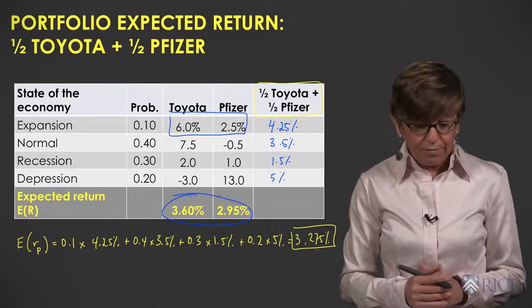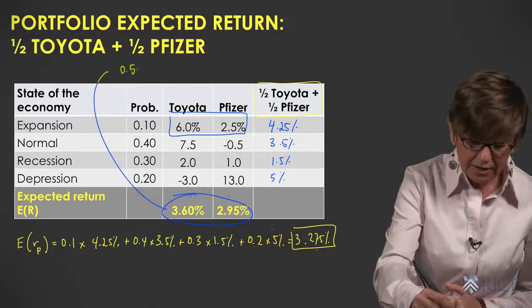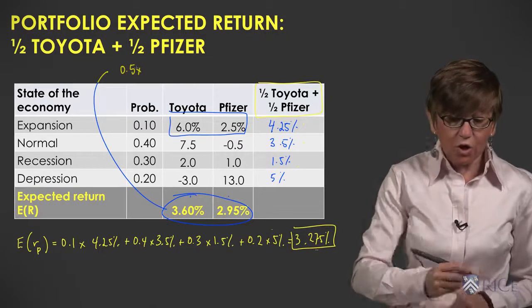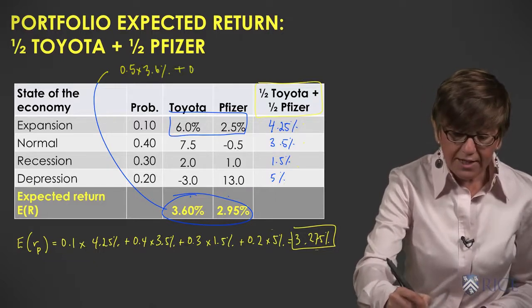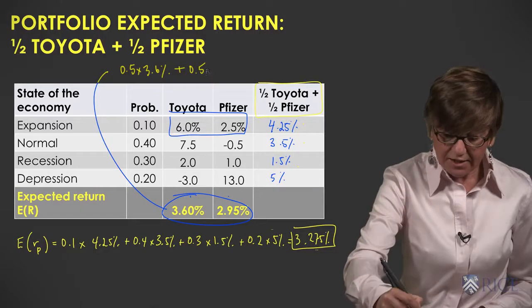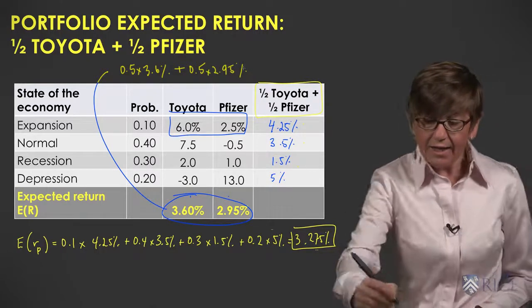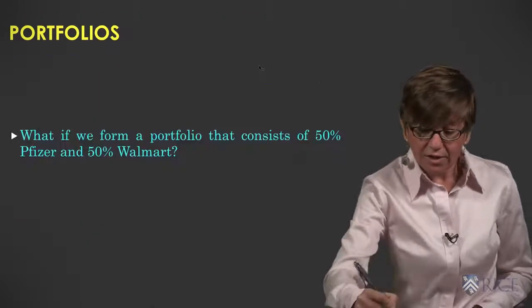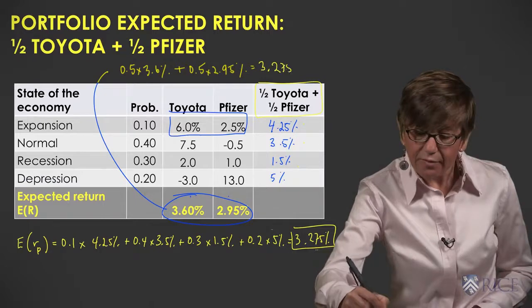In other words, we could have written the weight in Toyota times its expected return plus the weight in Pfizer times its expected return. And again, it would have given us 3.275%.